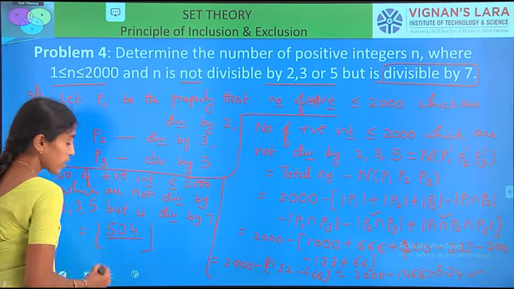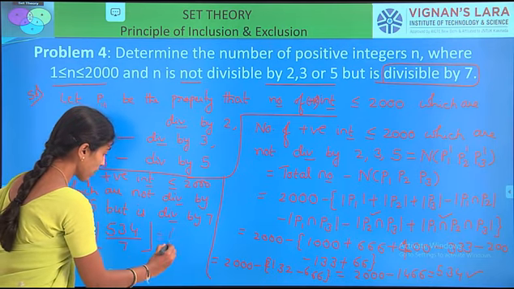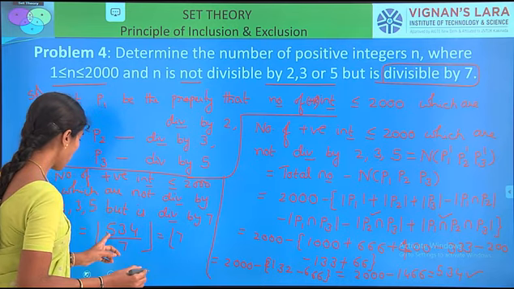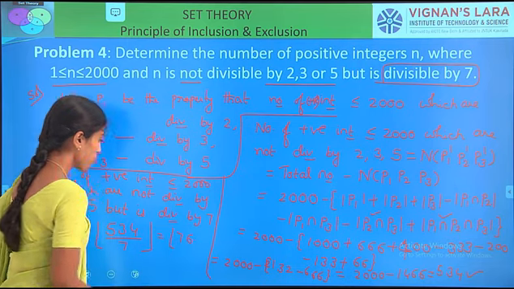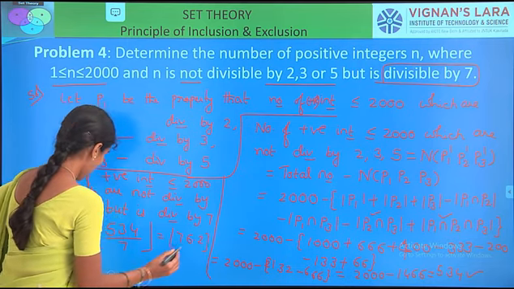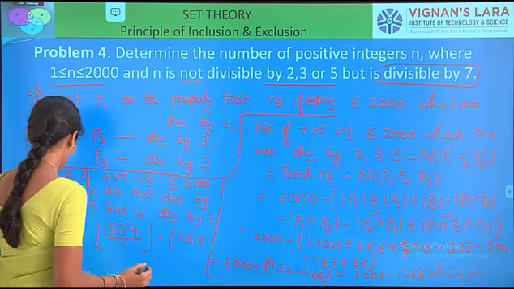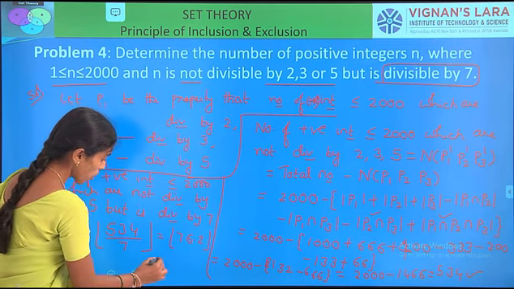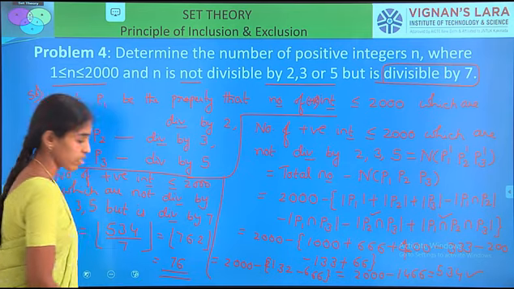So 534 divided by 7. If we apply the floor function, we will get the value. 534 divided by 7 is 76.2, and its floor function value is 76.